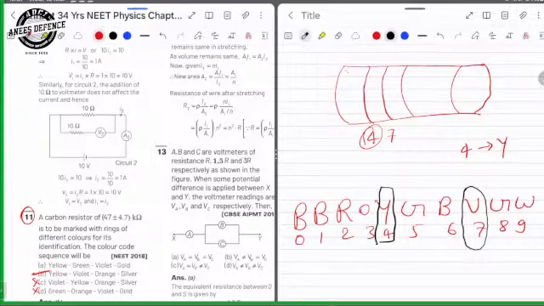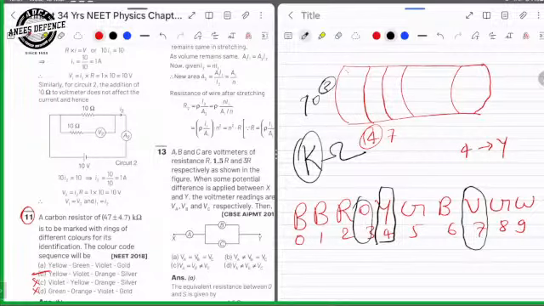And multiplier is what? 10 raised to power 3, because the answer is in kilo ohm. The value of kilo is what? 10 raised to power 3. And code 3 is what? Orange. Yes or no? So first color is yellow, second one is violet, third one is orange.